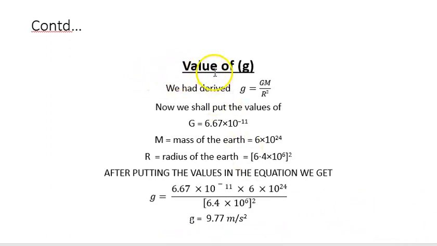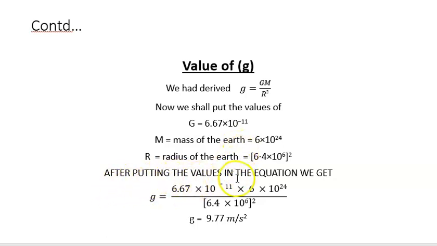Derivation of the value of g. We have derived small g is equal to capital G into M upon r square. Now let's put the values. Capital G is 6.67 into 10 raised to minus 11. Capital M is the mass of the earth, 6 into 10 raised to 24. And r is the radius of the earth, 6.4 into 10 raised to 6, the whole square.